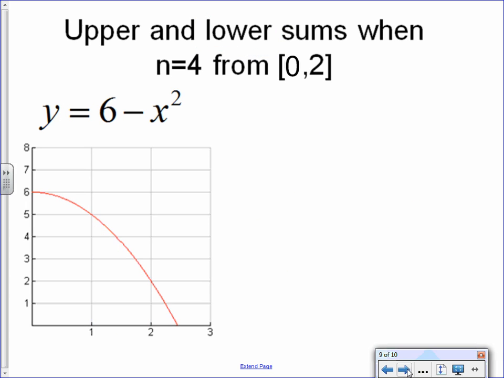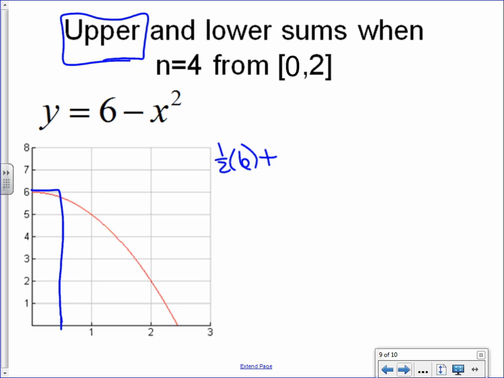Okay. Let's do the upper sums, which means we're going to use what endpoint? The left. Left endpoint, right? Yes. Because left endpoints would make our rectangles bigger. Yep. All right. So from 0 to 1/2, we're going to use the height when x is 0. So that height would be 6. From 1/2 to 1, we're going to use the height when x is 1/2. So that would be 23/4, right? What's nice is we already have some of these values.